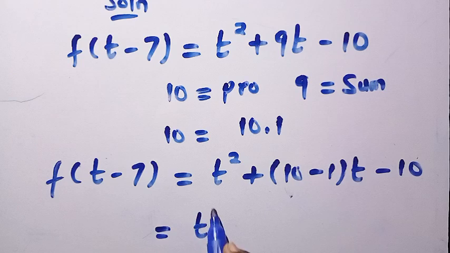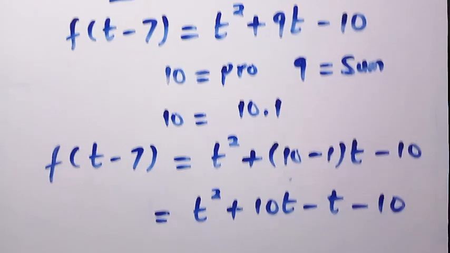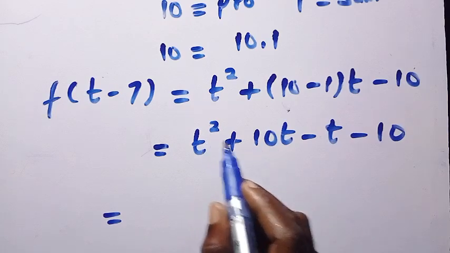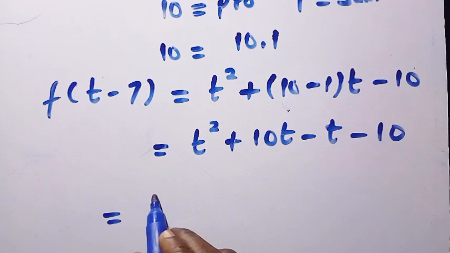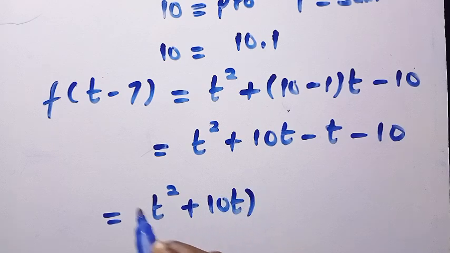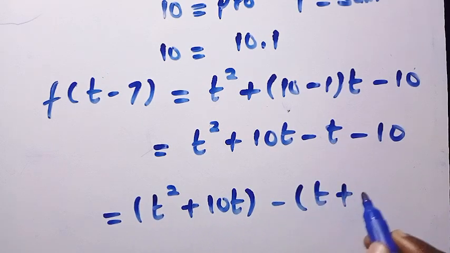So this equals t squared plus 10t minus t, then we have minus 10. After having this, we have to group t squared and 10t. So I group this: we have t squared plus 10t in bracket, then we take out minus from here, and we have t plus 10.